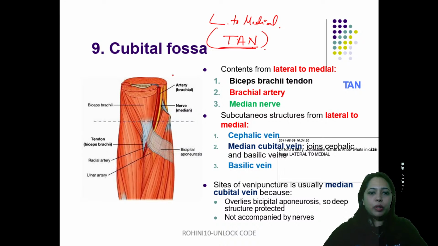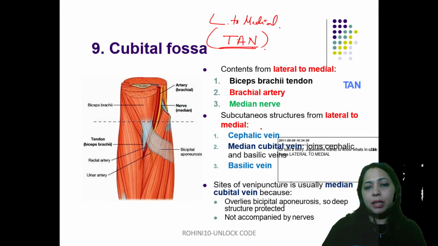Okay, median nerve. So here you can see the aponeurosis of biceps, that is called the bicipital aponeurosis. You can see that it extends medially and the tendon goes laterally. And subcutaneous structures from lateral to medial you can also see. You can see the cephalic vein connecting with the basilic. Then in between, the connector vein, the median cubital vein, you can also see.